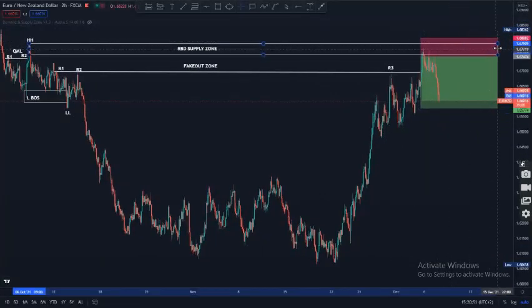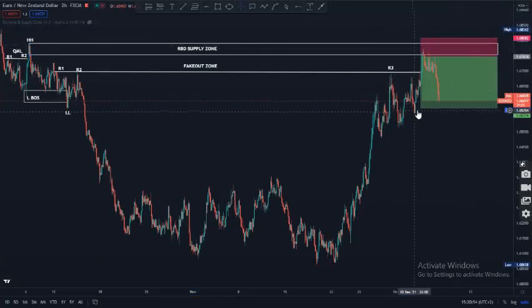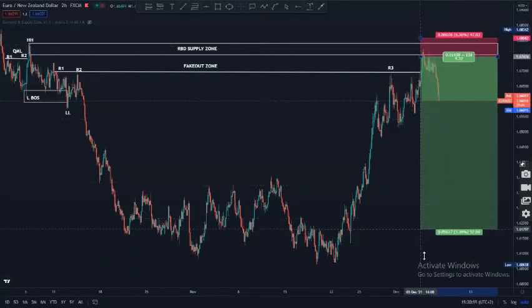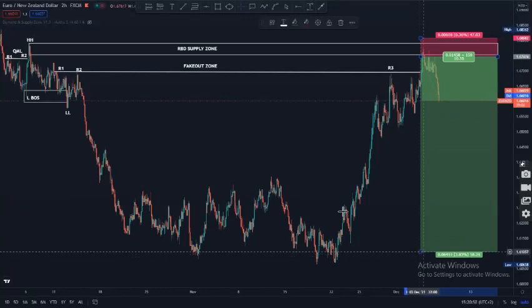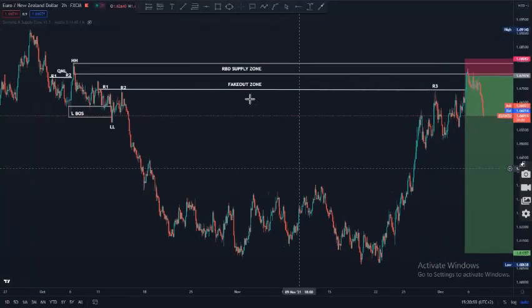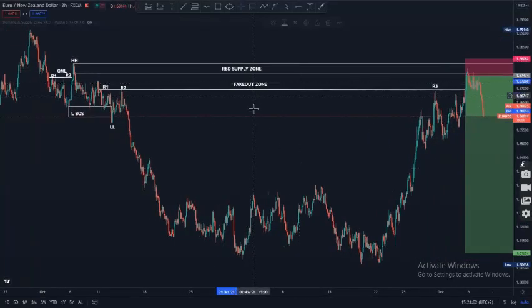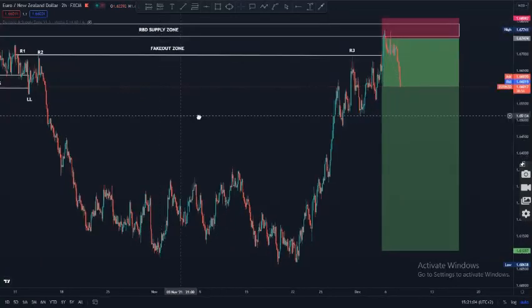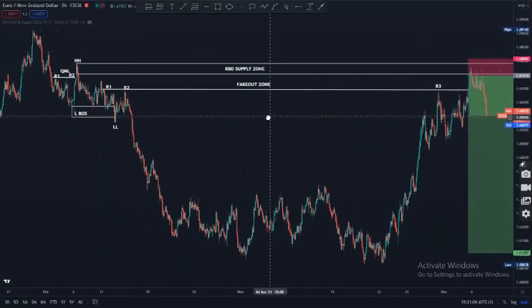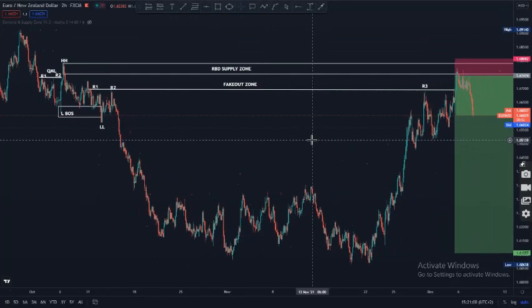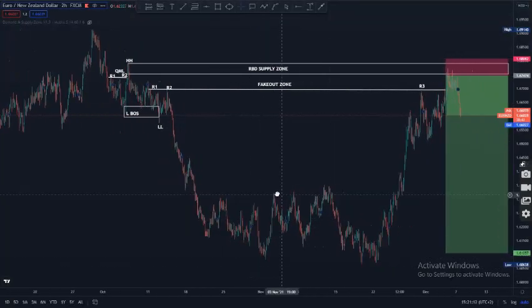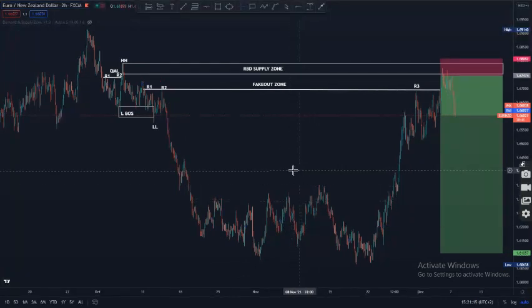We always have to wait for the market to take out the liquidity before you can jump into any particular trade. Wait for price to take out all the stop losses above that resistance. You can see clearly that this was very beautiful. The market did exactly what we thought it was going to do.